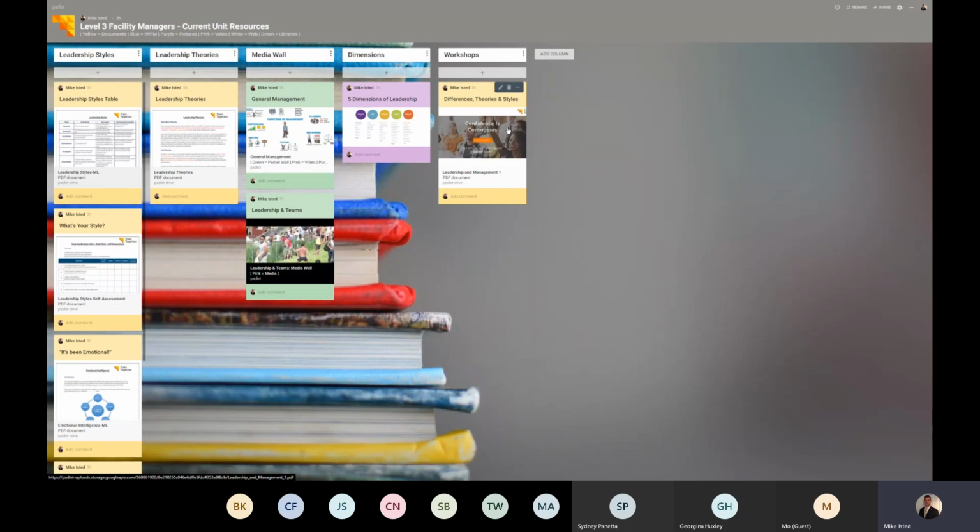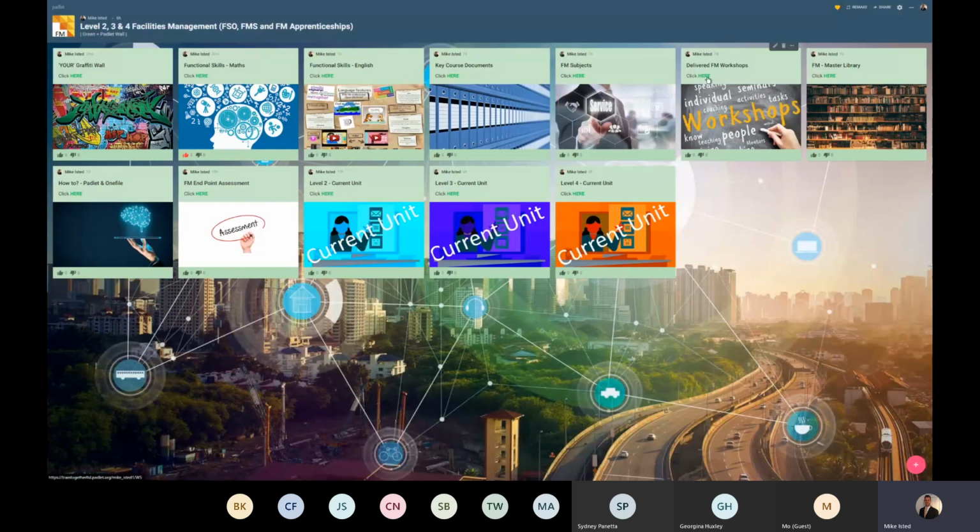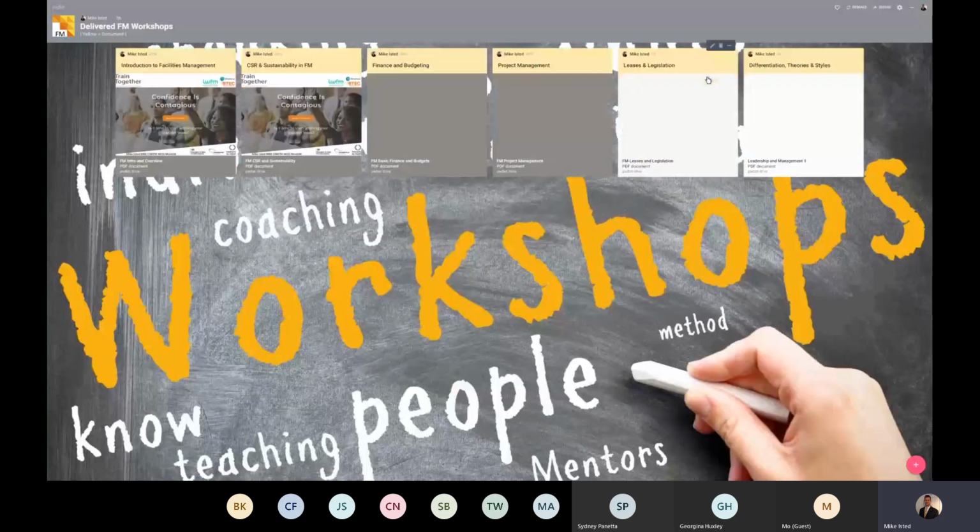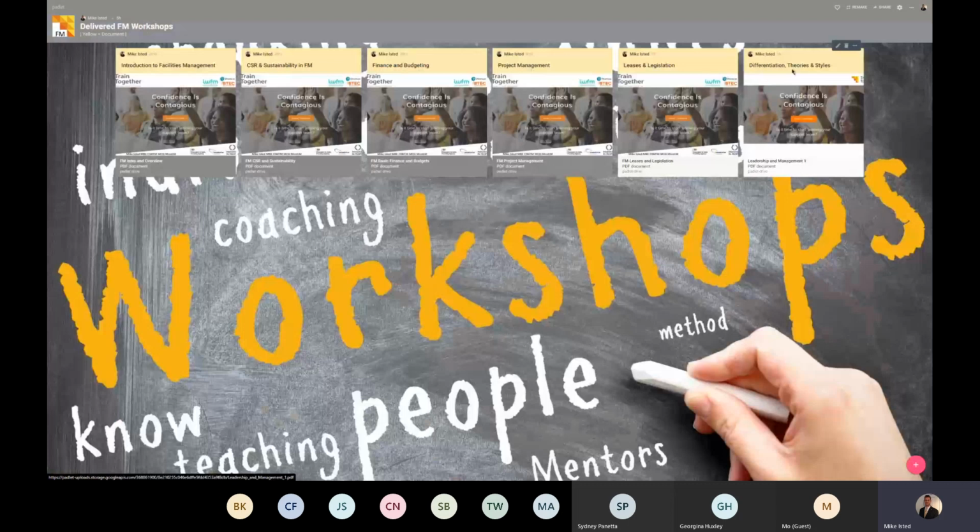It's also available for you in the workshop area, which you can get to here. So differentiation, theories and styles for leadership and management. There we go at the very end there. I'm not sure whether you can see my mouse, but it's the last tile on the end. So you've got all the resources there, notwithstanding, of course, our favourite lady, Jane Wiggins.